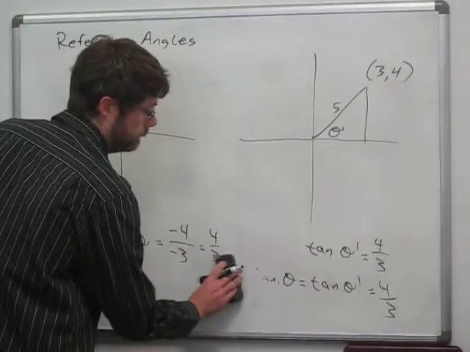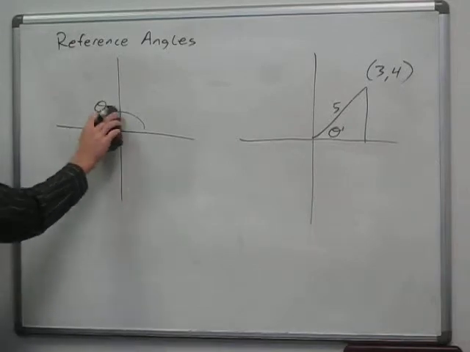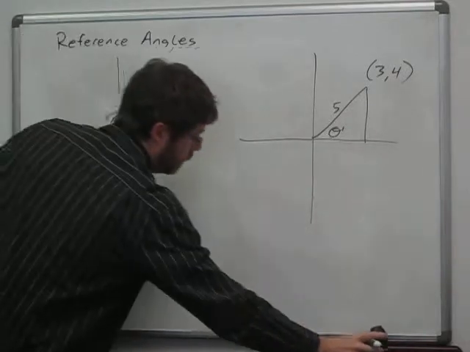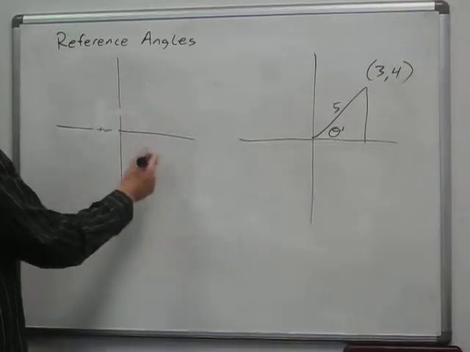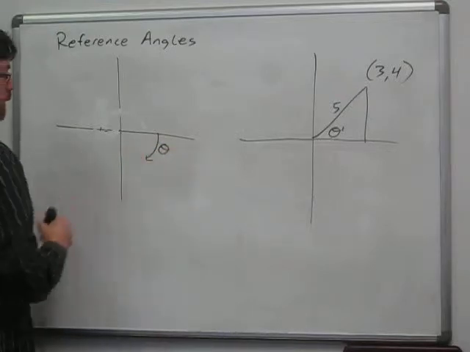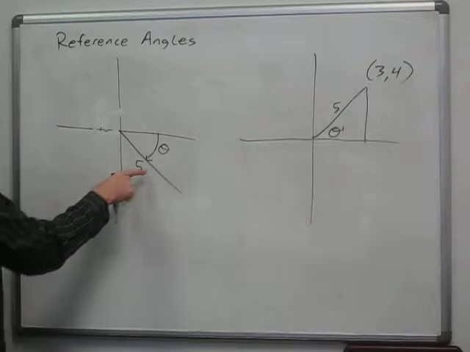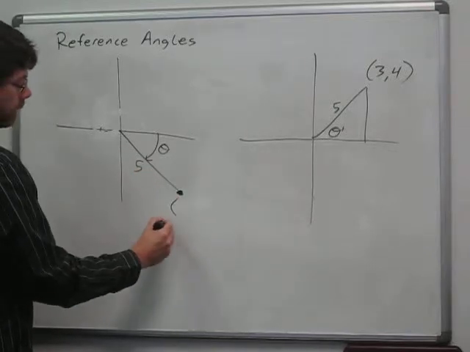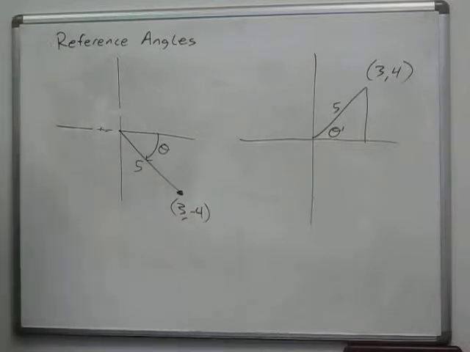Let's try another one. What if my rotation was in the negative direction? It was a rotation of an arm of length 5, and it landed at the point (3, -4).